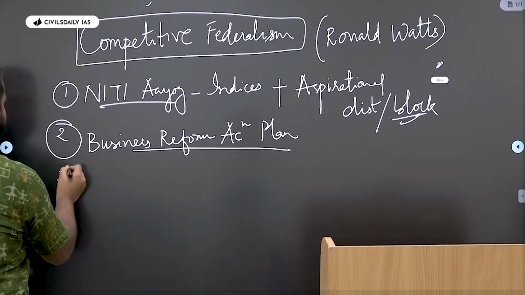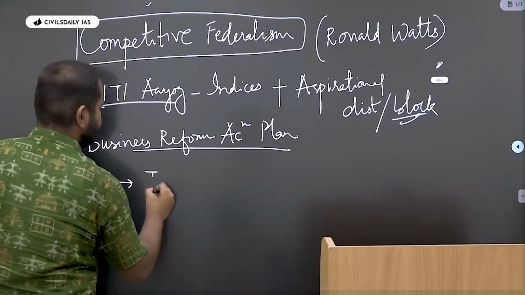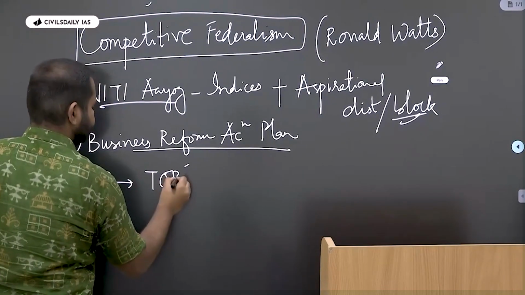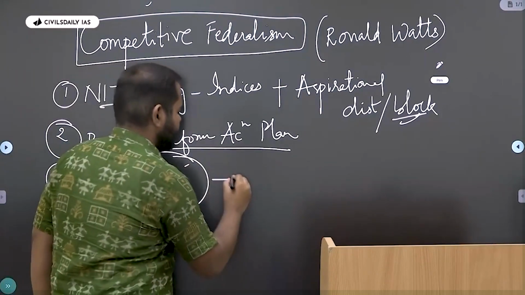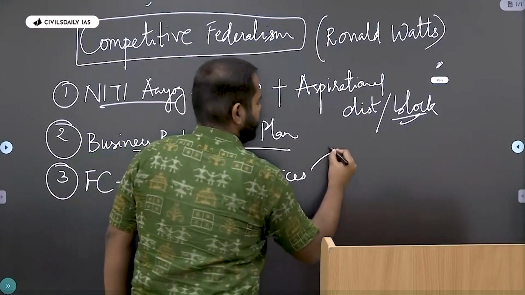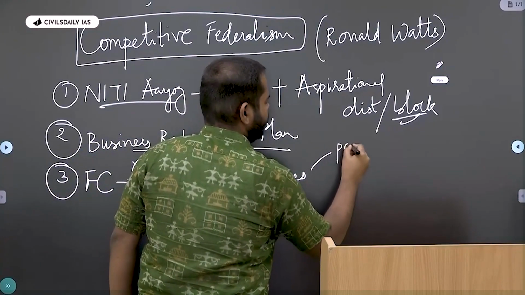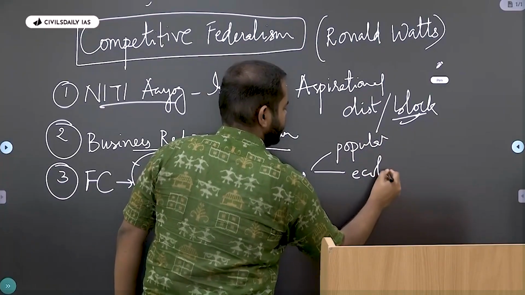Then third, we have the Finance Commission's terms of reference. We have a lot of matrices, for population, for ecology.